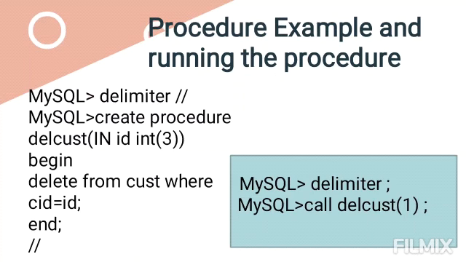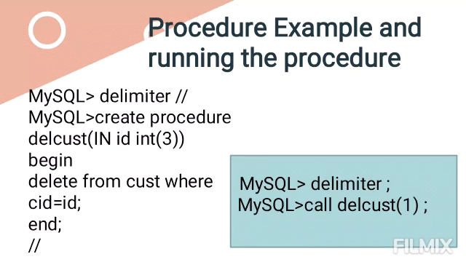This is solved by using the delimiter command. We change the delimiter symbol from semicolon to double slash: delimiter //. It will set double slash as our delimiter. So we can put a semicolon anywhere.